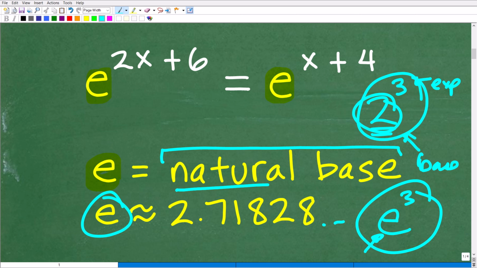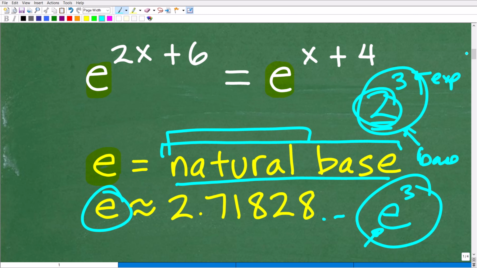Now, the natural base e is tremendously important in mathematics. One of the numbers we use to model natural growth, exponential growth or decay, is the natural base.